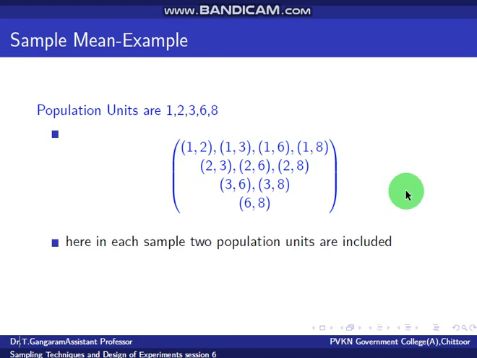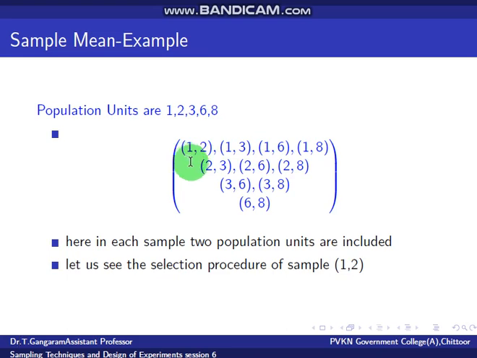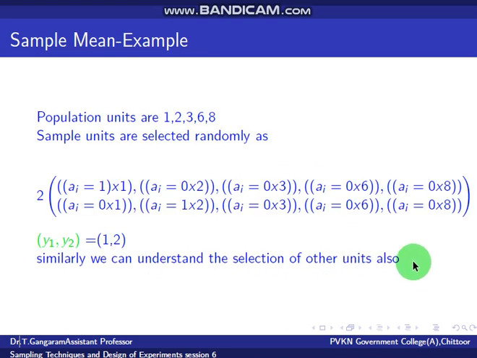Here, in each sample, 2 population units are included. Let us see the selection procedure of the first sample, 1, 2. The population units are 1, 2, 3, 6, 8. But ai is equal to 1 for 1 only. For all the remaining, 2, 3, 6, 8, ai is equal to 0.